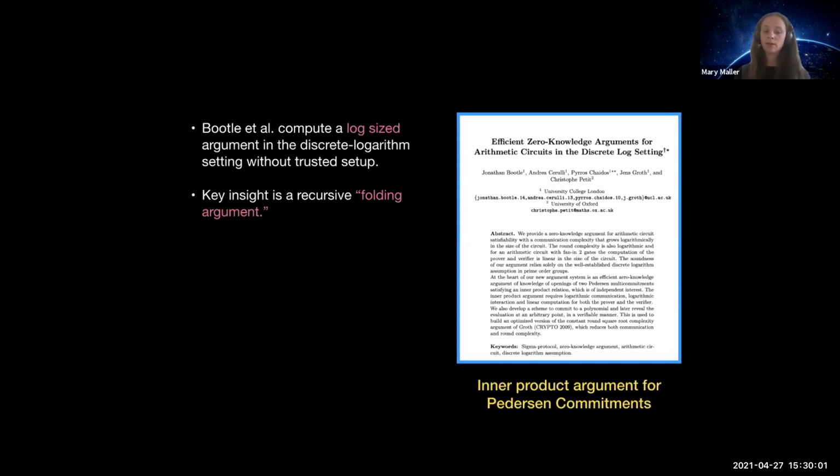This was the first log size zero knowledge argument, by the way. Before then, at least for general purpose arguments in the discrete log setting, it would have been square root. So they broke that square root barrier by using a recursive method.